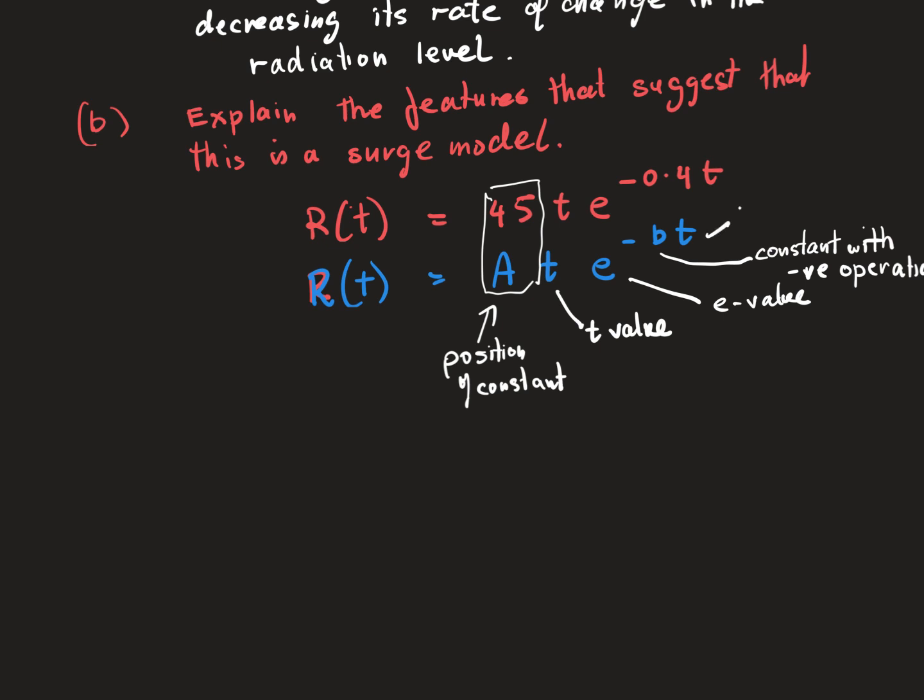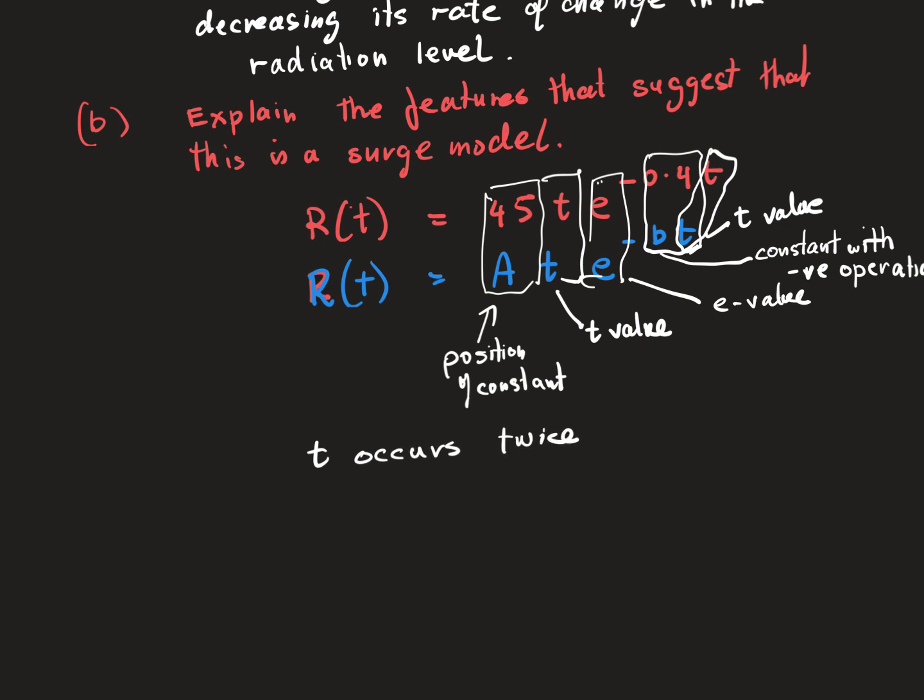And we've got a t value here, okay? So all of these really fit in quite well, correct? And also t occurs twice. So you know that this is a surge. T occurs twice. It's a little bit unlike the logistic model, which also has a limiting factor. We don't have that limiting factor over here.